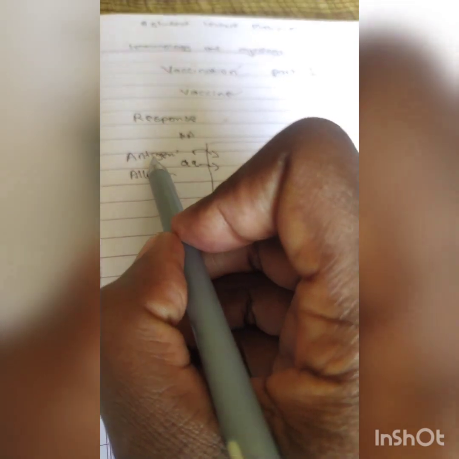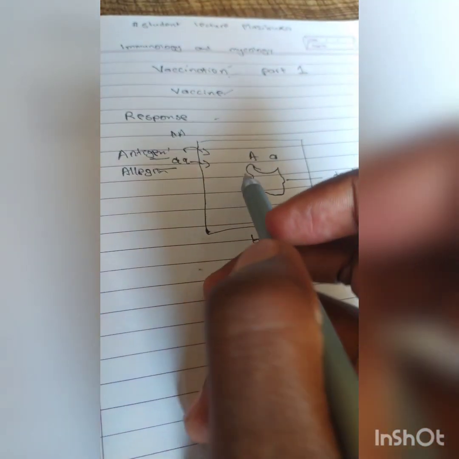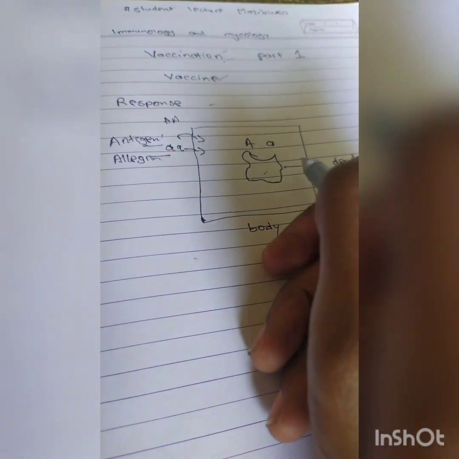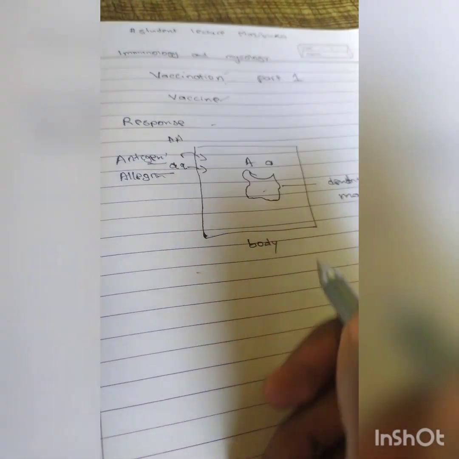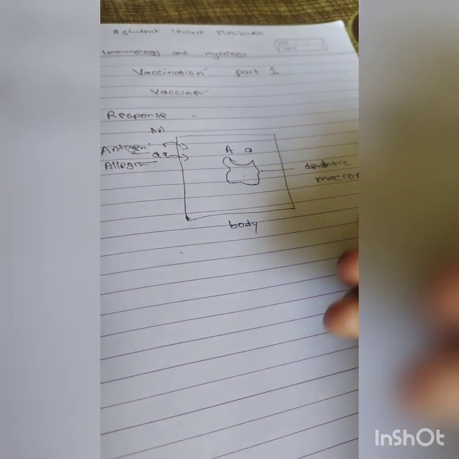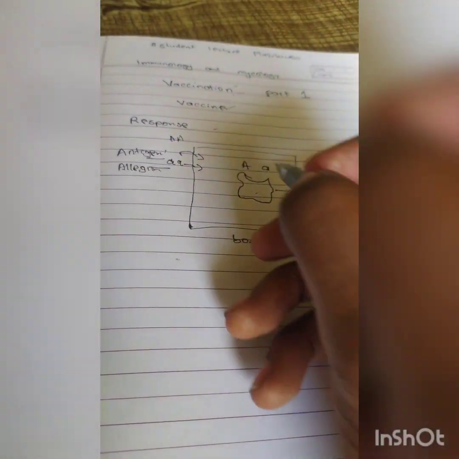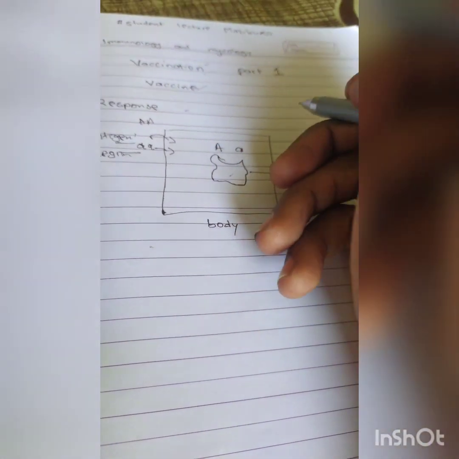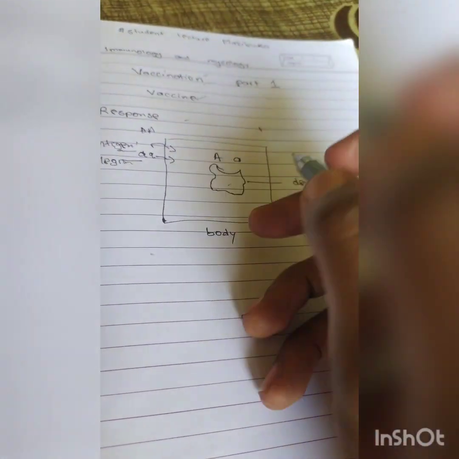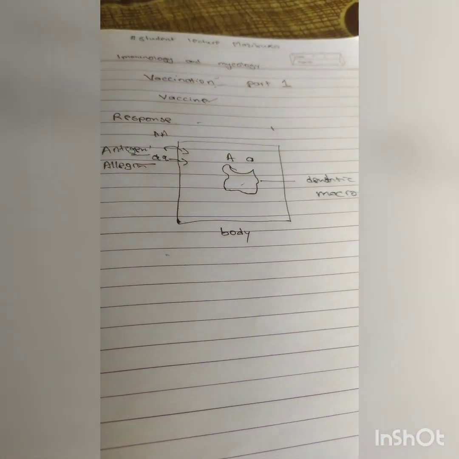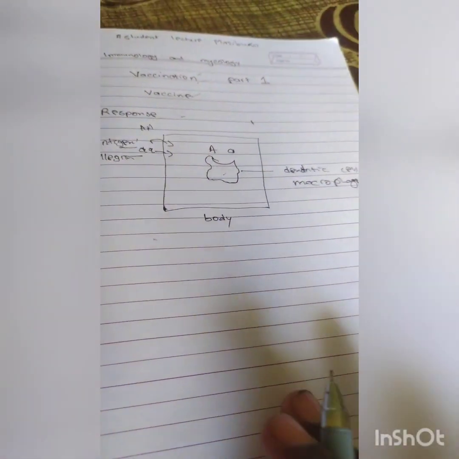So the presence of the antigen has triggered the body to produce cells of defense, which are dendritic cells, macrophages, and many other cells. I don't want to talk more about the immune response because it's another topic. I will have a special lecture on this one.